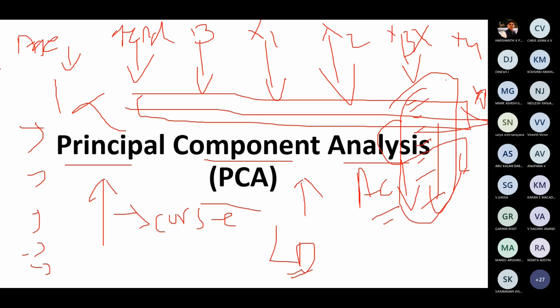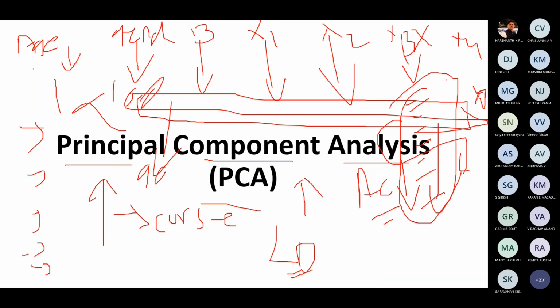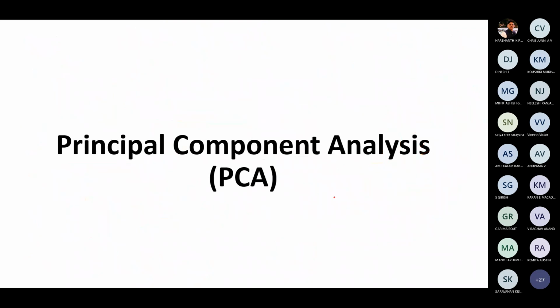For example, if there are 100 columns and I remove one, 100 dimensions are converted to 99 dimensions, and that one column should carry very little information, such that it does not impact the accuracy. That is what we are going to learn. Now let's see, students, how we are going to do this entire process.